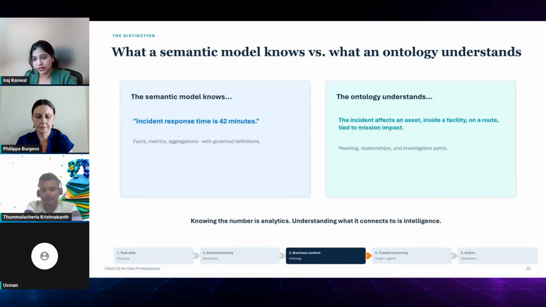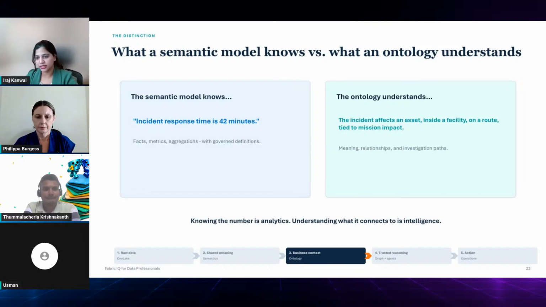If we look at ontology, it understands what the number is connected to. So if the response time is 42 minutes, the ontology can connect that to incident type, facility, asset class, service route, responsible team, and mission impact, right? If revenue declines, it can connect revenue to customers, contract, product, region, and renewal status, and so on.